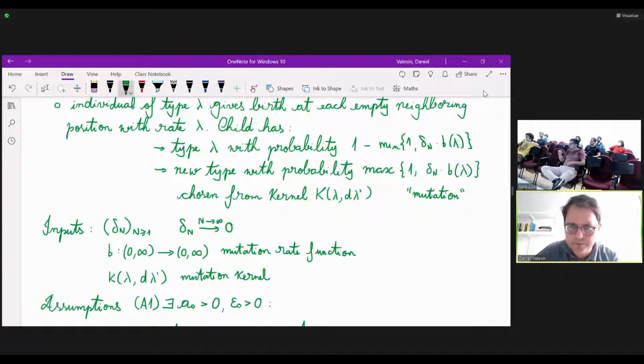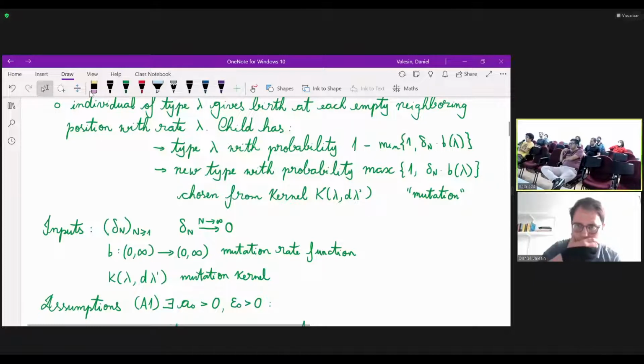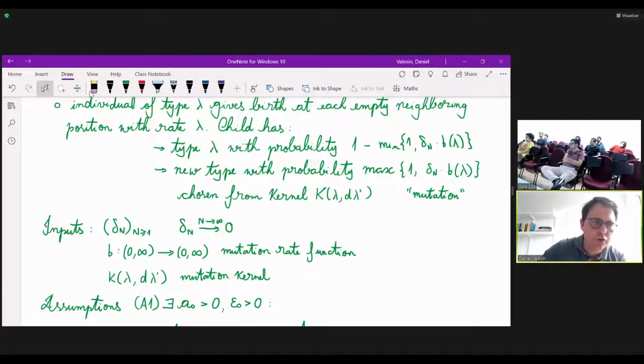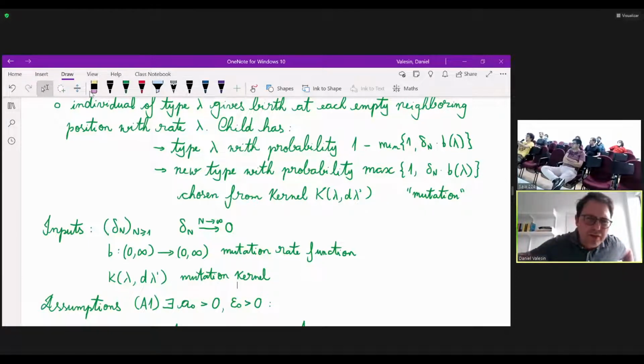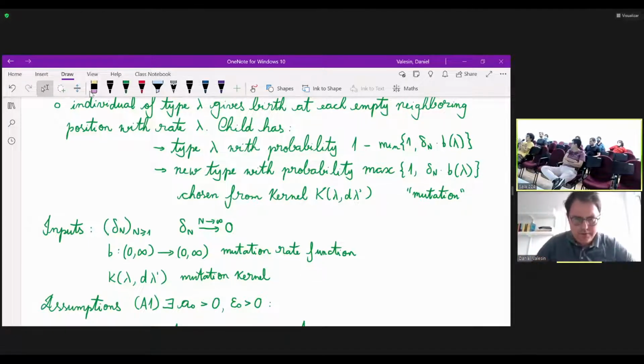So, if I understand well, you could drop the b and have a kernel that... In that case, you could integrate b into the mutation kernel, yeah. But I want the mutation kernel to be a probability measure, so that's why I don't incorporate b inside it. Indeed. It would be easier to read the formulas if you had a Dirac mass on lambda.